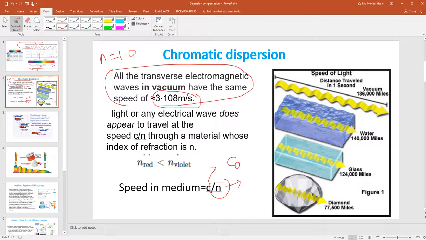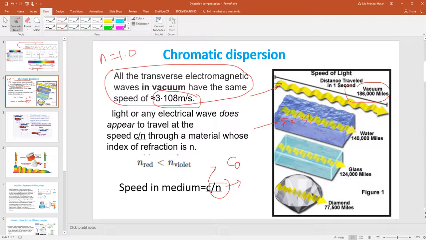Now say, for example, that light is traveling in the air, whatever the speed it has. If it travels through water, as we know, the refractive index of water is n equal to 1.33, that is, it's greater than 1.